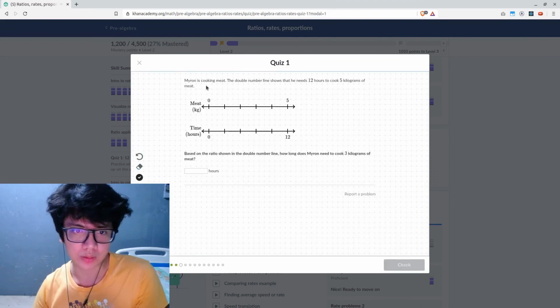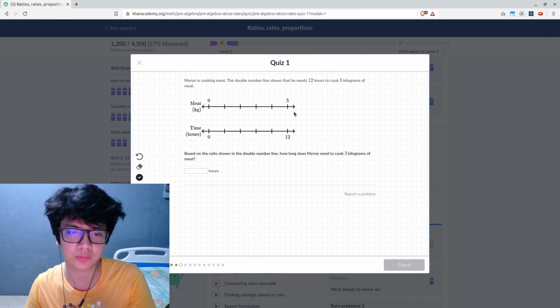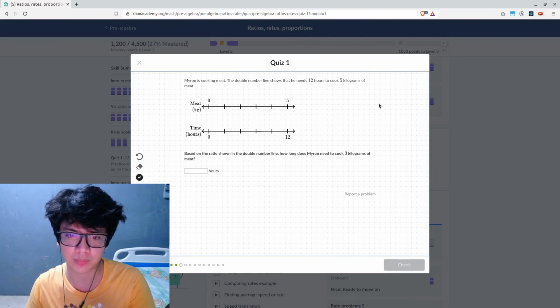Myron is cooking meat. The double number line shows that he needs 12 hours to cook 5 kilograms of meat. Based on the ratio in the double number line, how long does Myron need to cook 3 kilograms of meat? Okay, let's divide it by 5.